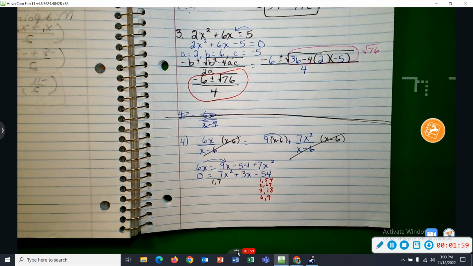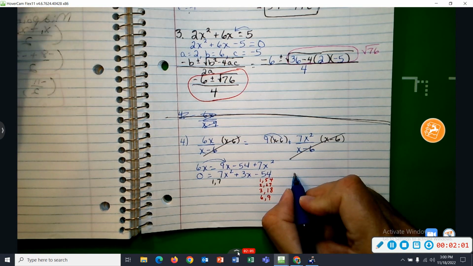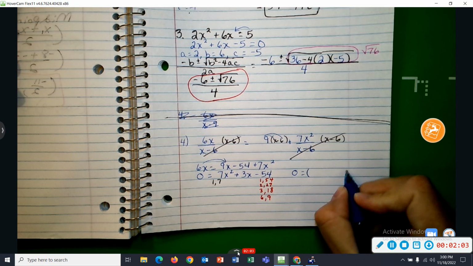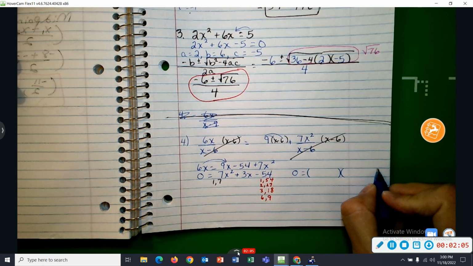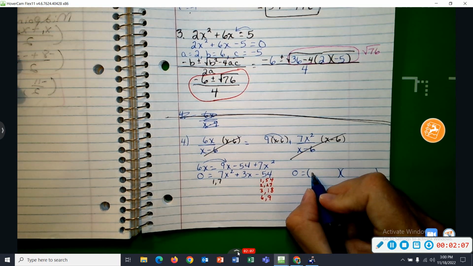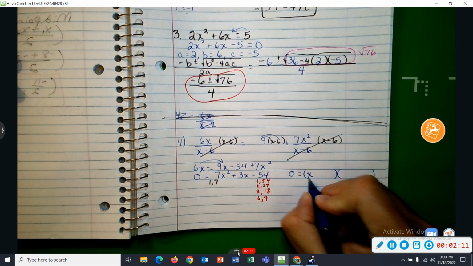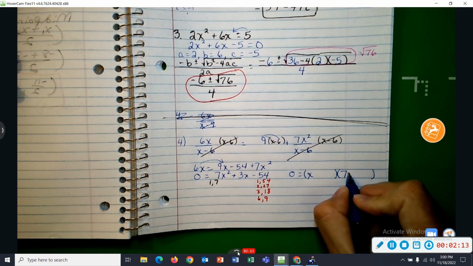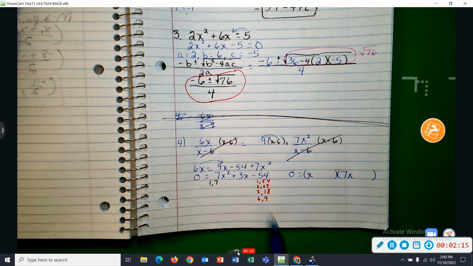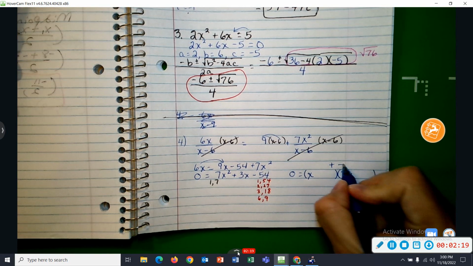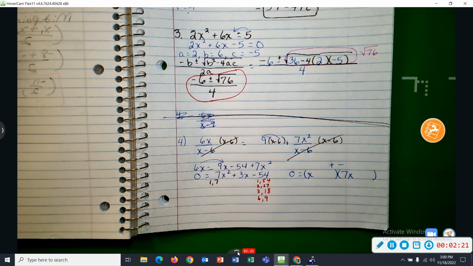Running sort of out of room, so I'll just do it over here. There's not a lot of possibilities for the 7x squared, so I'll just write the x and 7x. Now the second sign is minus, so that means there should be a plus and a minus. And then it's a matter of figuring out which pair of numbers is going to work.